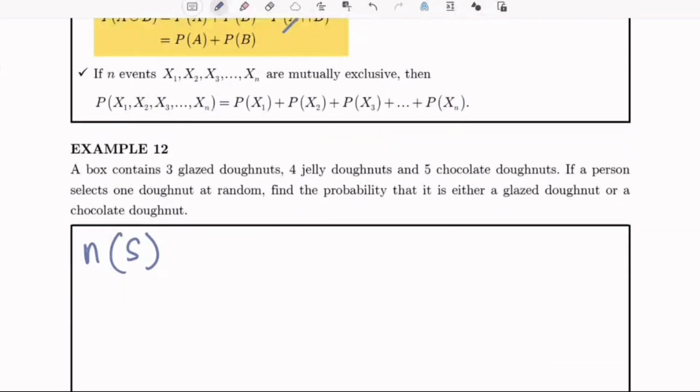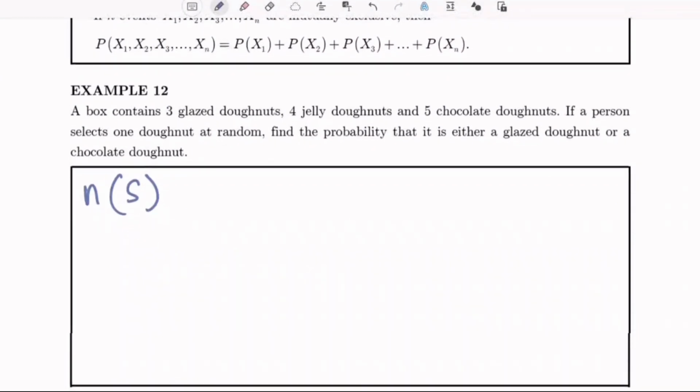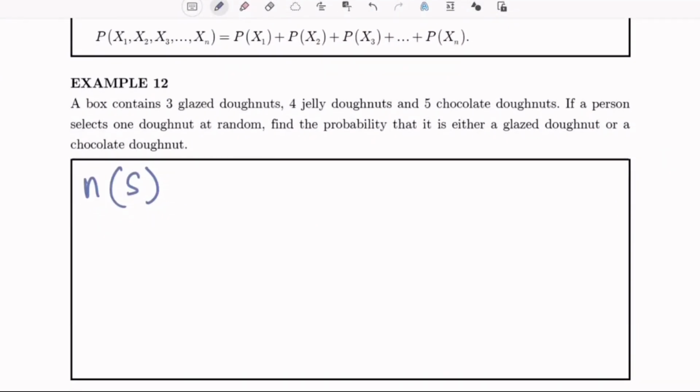Example 12. A box contains 3 glazed donuts, 4 jelly donuts, and 5 chocolate donuts. If a person selects one donut at random, find the probability that it is either a glazed donut or a chocolate donut. So let's find the number of outcomes in the sample space first. S equals 3 plus 4 plus 5 gives you 12.